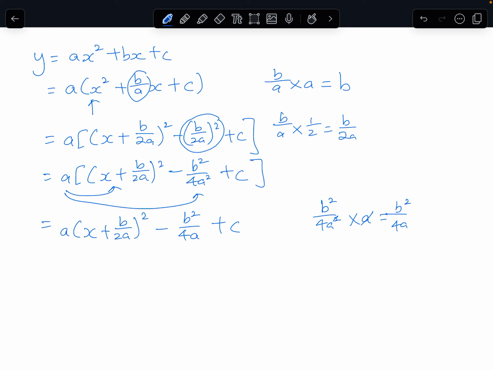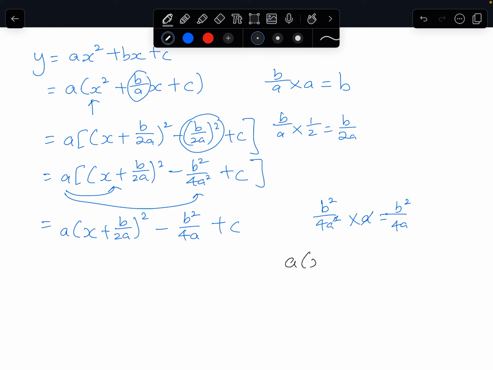Now, I hope this rings a bell as well, because a vertex form looks something like this. And we know that this is the vertex form of a quadratic equation or a quadratic graph. And we know that h is going to be the x coordinate of the vertex and k is the y coordinate of the vertex. So if I rewrite this equation, it looks something like this.